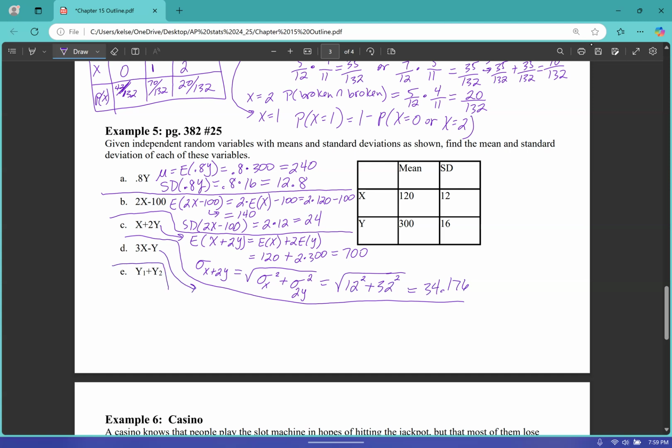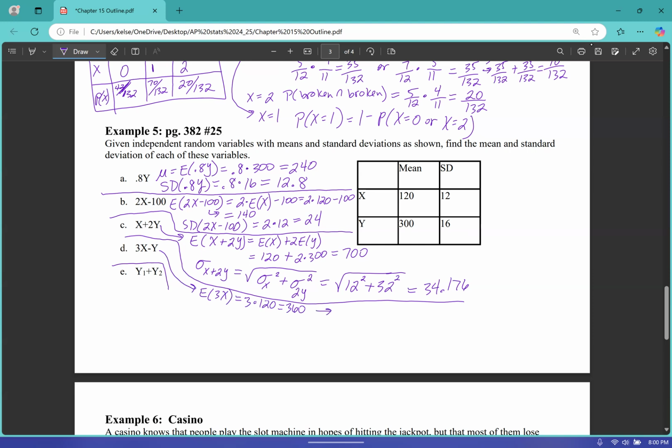All right, now here, 3 times x minus y. So we have the expected value of 3x, well, that's 3 times 120, and that comes out to be 360. And then we just have minus y, so it's still the expected value of y.